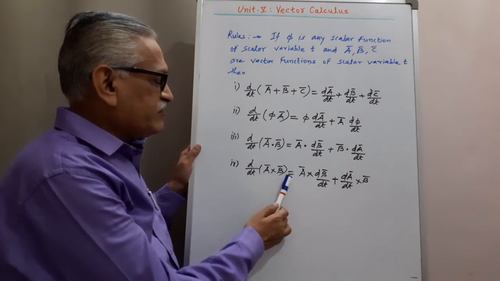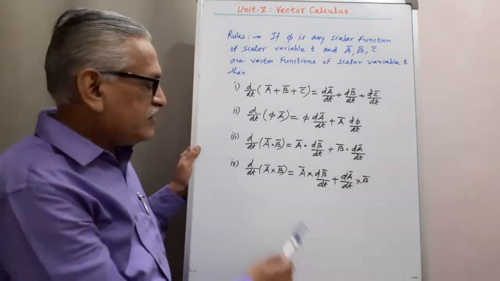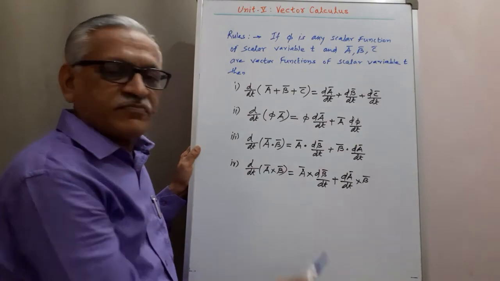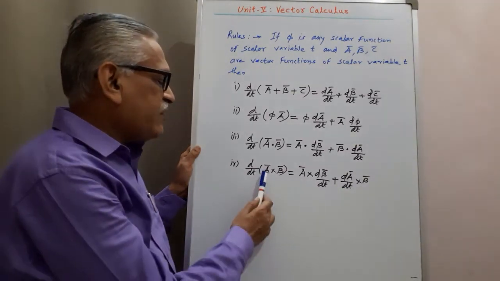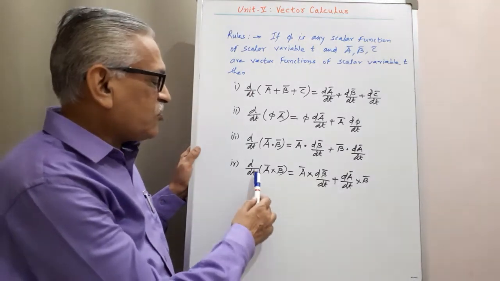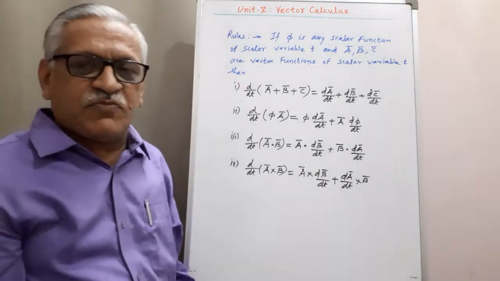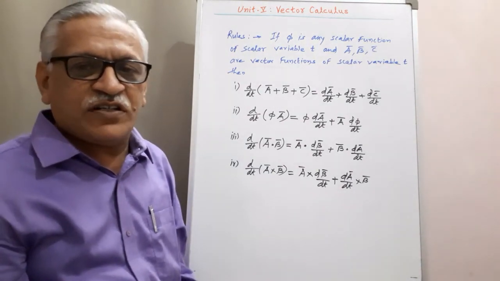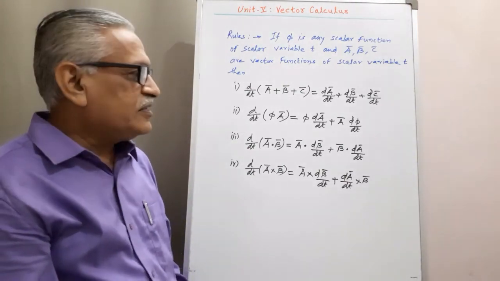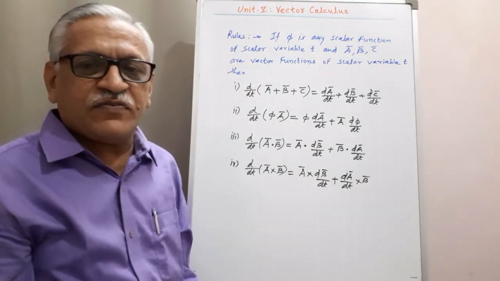Therefore, the derivative of that cross product is equal to first function A bar cross product with the derivative of second function dB bar by dt, plus the derivative of first function, that is dA bar by dt, cross product with B bar. We have to perform in the same order. Don't try to change the order. If you change the order, the value changes in sign. Therefore, these are the important rules for finding the derivative.